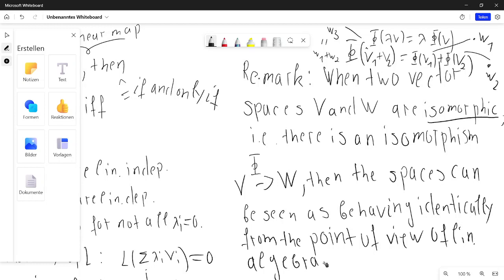Of course, we could have written that down very rigorously, but usually it's not done. It's just understood by mathematicians when, so to speak, the same things up to isomorphy happen, and that it happens in all considerations of linear algebra when we consider things on two isomorphic spaces is just intuitive knowledge, right?